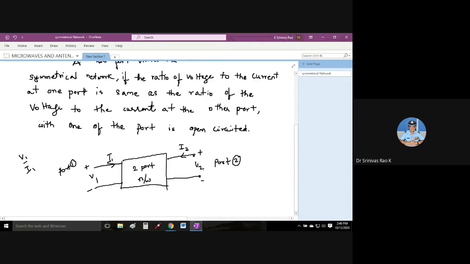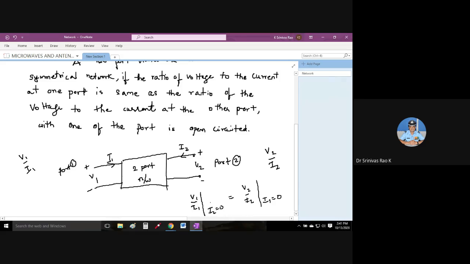And what is the ratio of voltage and current here at port 2? V2 by I2. As per the definition, I should have V1 by I1 when the other port is open circuited. So I2 is open circuited, that is I2 is 0, and V2 by I2 is when the other port 1 is open circuited.